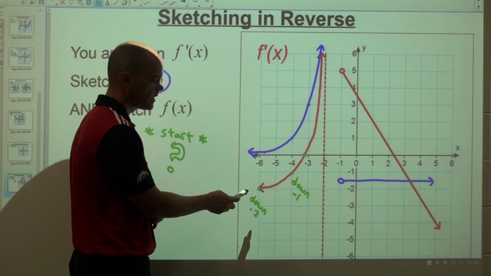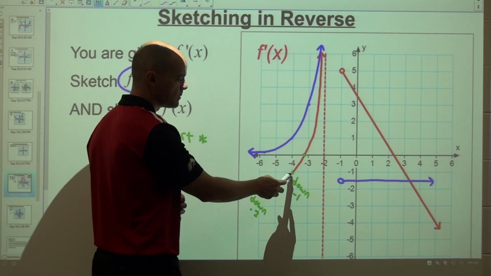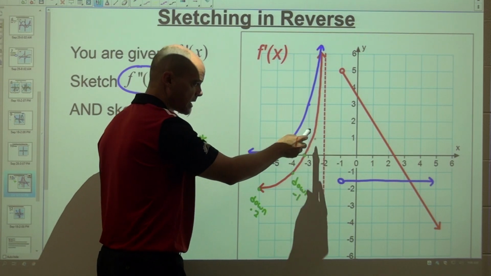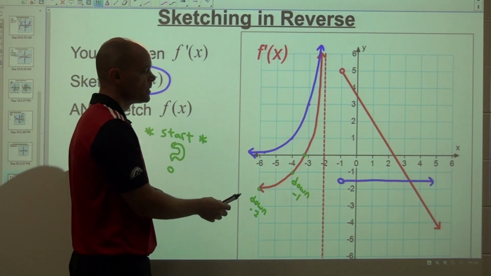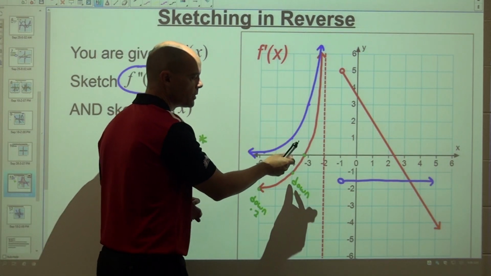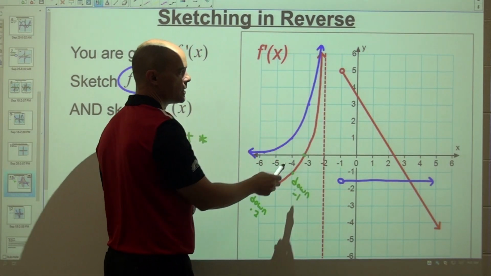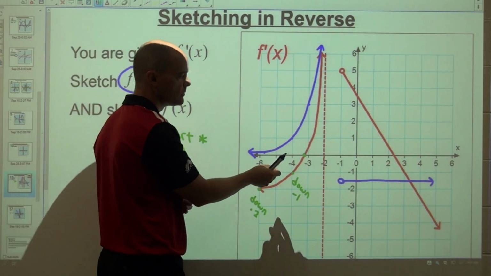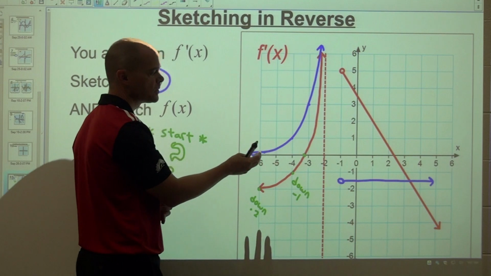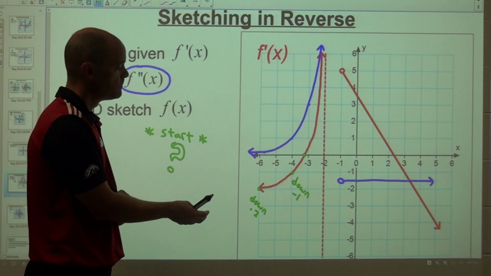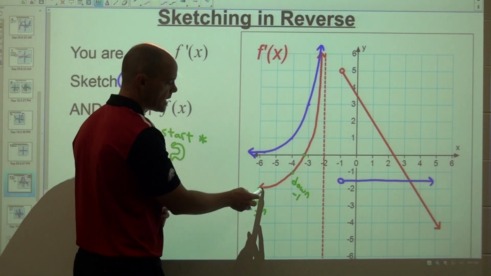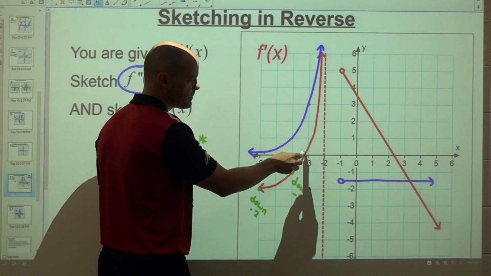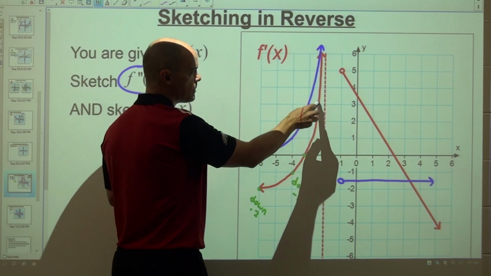The original graph had a negative slope, negative slope, negative slope, negative slope, 0 slope. And then what starts to happen after? Now the value, the coordinate at these places is becoming positive, which tells me the derivative is positive and my pencil is moving up. So if I start by moving down, down, down, down, down, I hit this point, and now my pencil is supposed to be moving up, up, up, up, up.